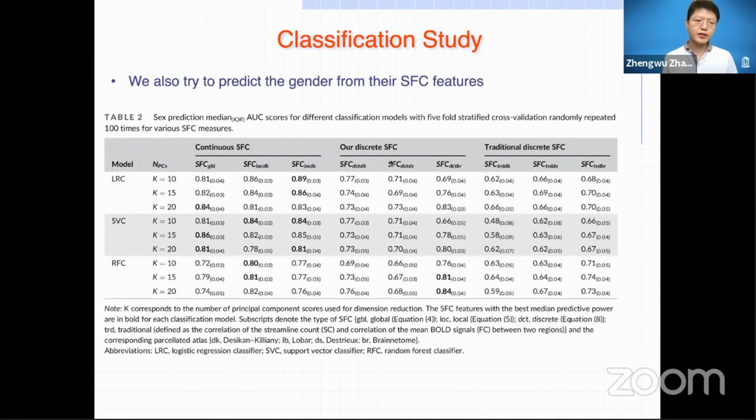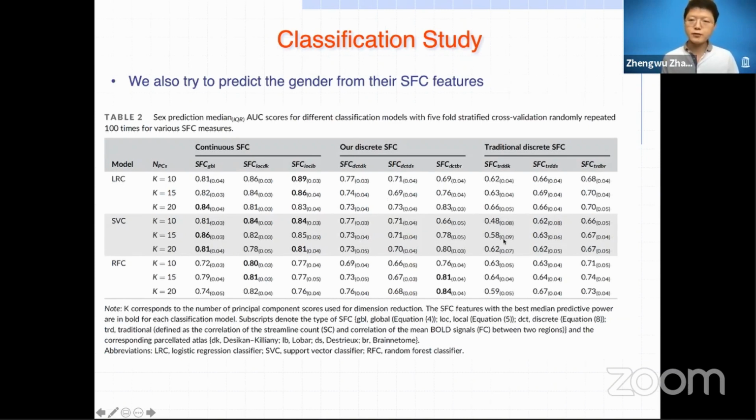Also the classification study is more interesting. We try to classify males from females using the high resolution SCFC coupling. The continuous SFC gives much better results compared with the discrete ones, and with the traditional ones, where the discrete one is obtained from our high resolution connectivity.